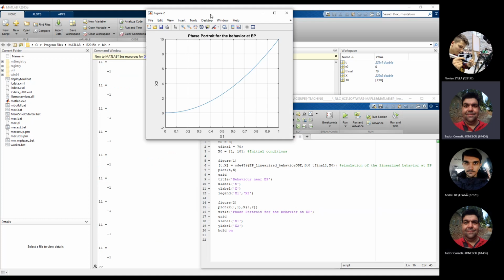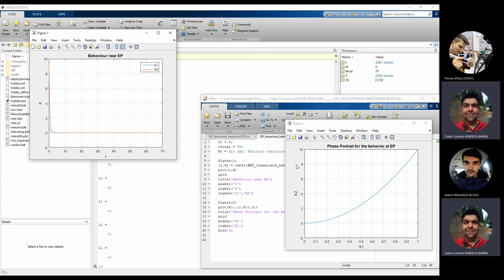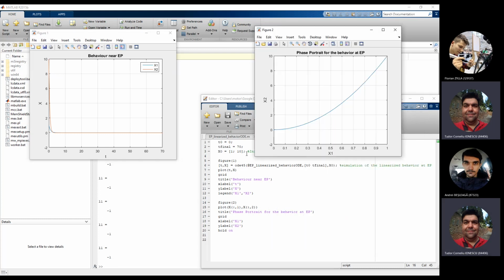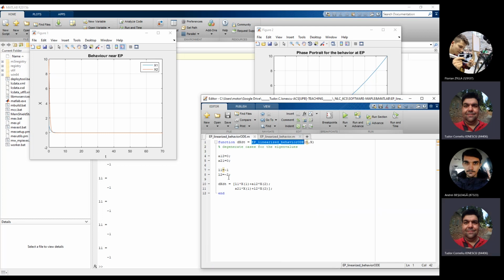Well, node, you see, stable node. This is a time variation. This is stable because it goes to 0. Very lovely, stable node. You agree? A very lovely, stable node.